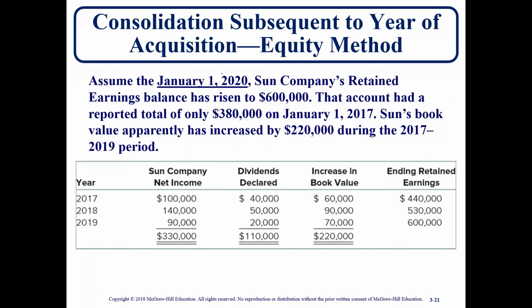So now we're told, moving ahead, that now is January 1st, 2020, and we're getting ready to prepare the financial statements for December 31st, 2020. We are given some additional information. Sun Company's retained earnings account is now $600,000; on January 1st, 2017 it was 380,000. And we've also been given a breakdown of Sun Company's activities: net income for three years, dividends, and then their balance on the retained earnings account.